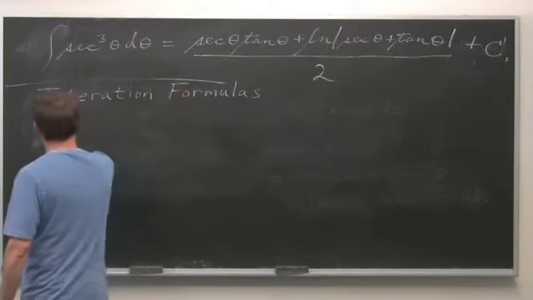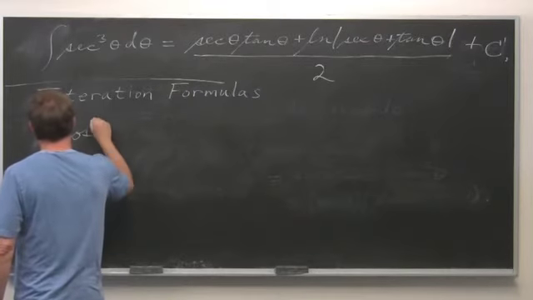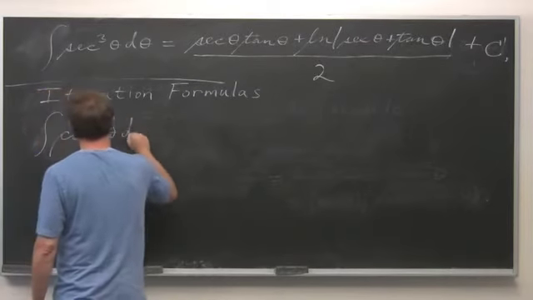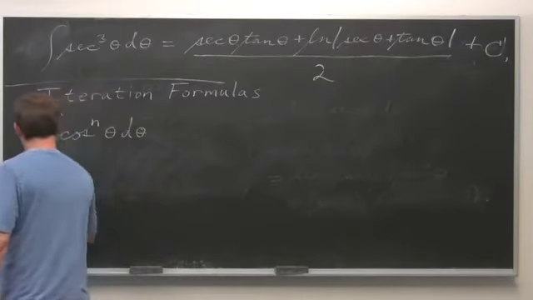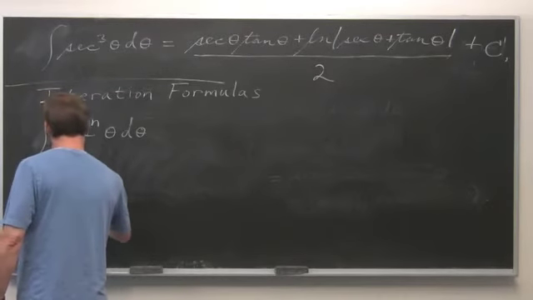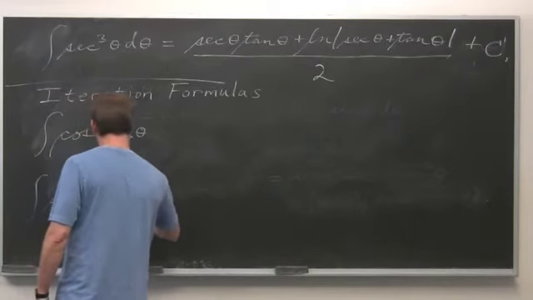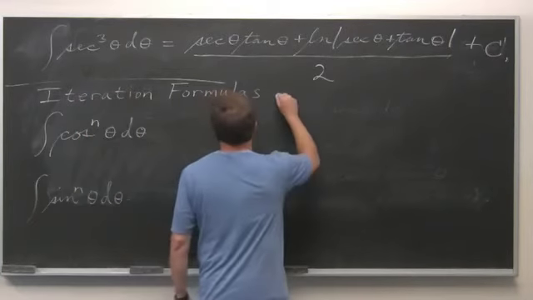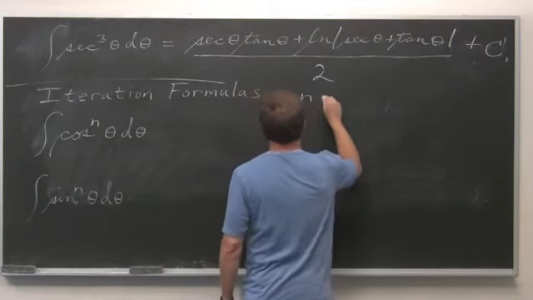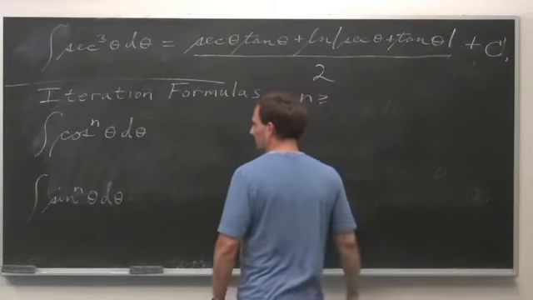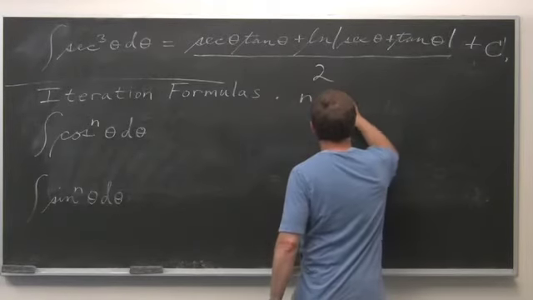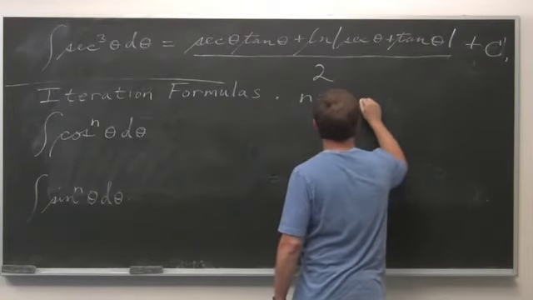We want the integral of cosine raised to the nth power and the integral of sine raised to the nth power, where n is an integer, so n greater than or equal to 1.